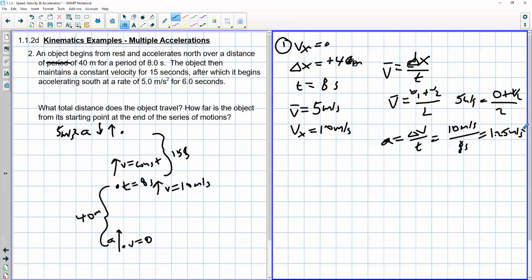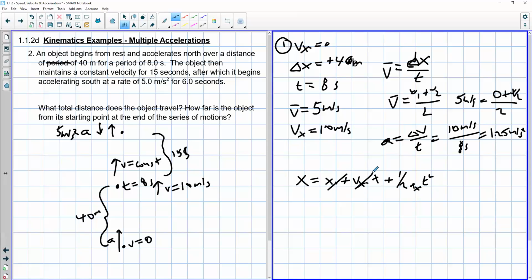Now, note this is not the only way to have done this. You could have used the position equation, x equals x naught plus v x naught t plus half a x t squared.